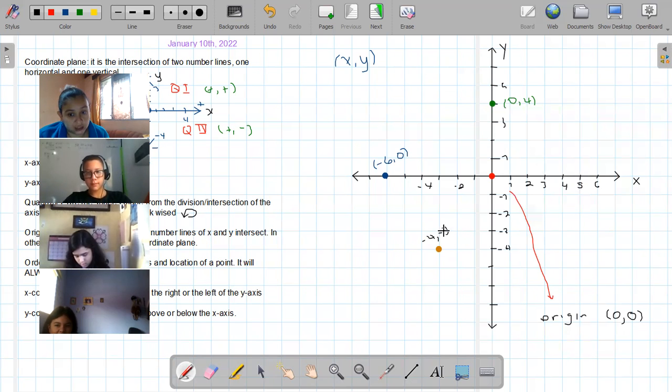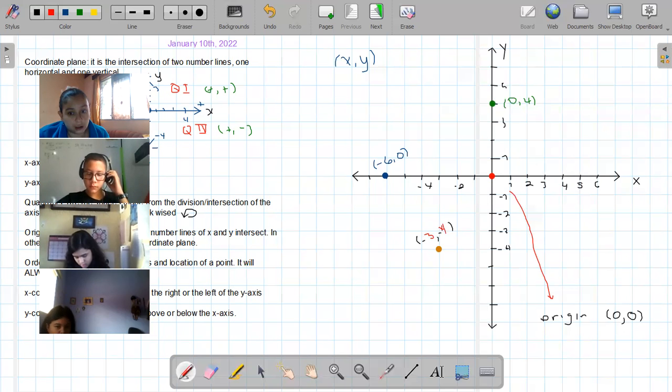Are you sure that that's it? It's negative 3. Negative 3 and negative 4. Negative 3 and negative 4, correct.